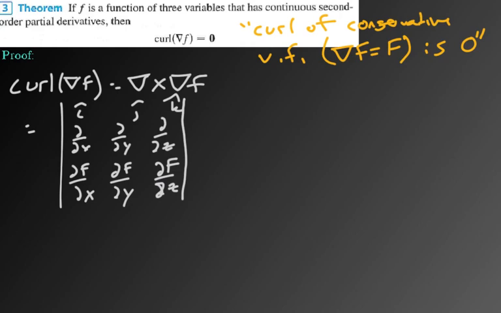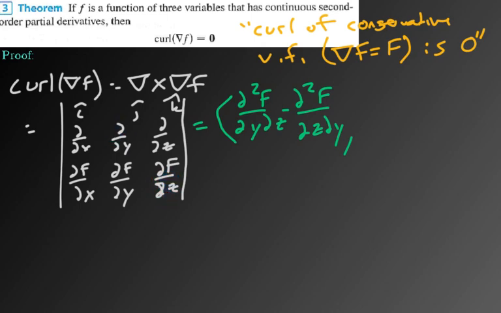And so if I do the first one out, I would get this. And you can see that this times this, you're going to get del squared f, with partial of y, partial of z. And then you go minus this. And this is the cool little trick.